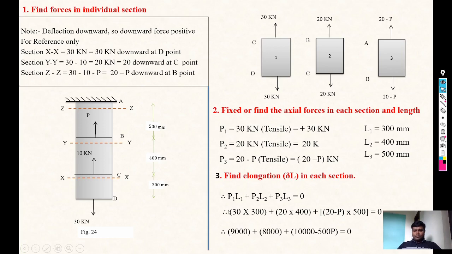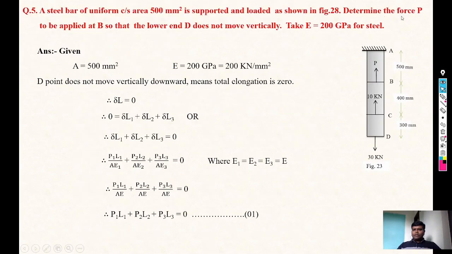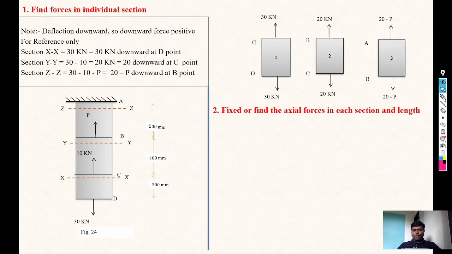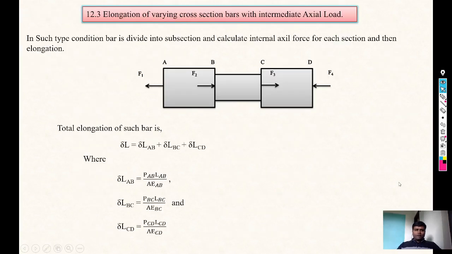Okay, 30, 500 P. So the P force is 50 kilonewton, and our numerical asks us to determine the force P to be applied at point B. So we have calculated that P force. The P force is equal to 54 kilonewton. Now this we will discuss in the next video.